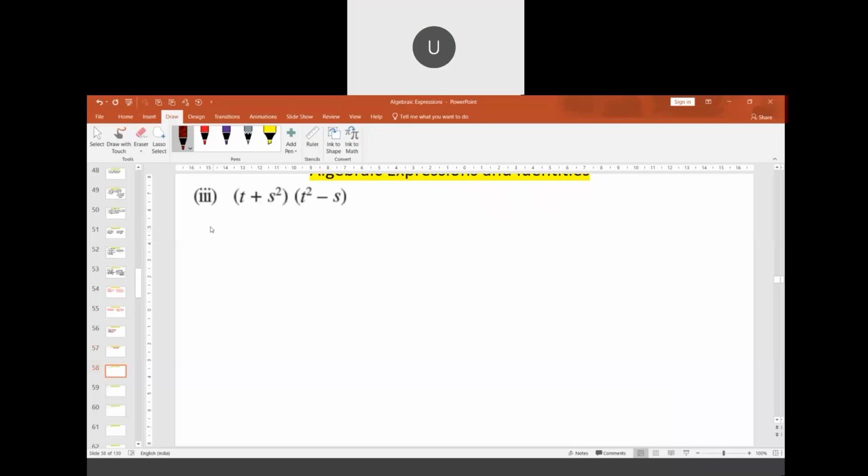Now let's solve this. t to be multiplied with t square minus s, plus s square to be multiplied with t square minus s. The answer is t cube minus st plus t square s square minus s cube.